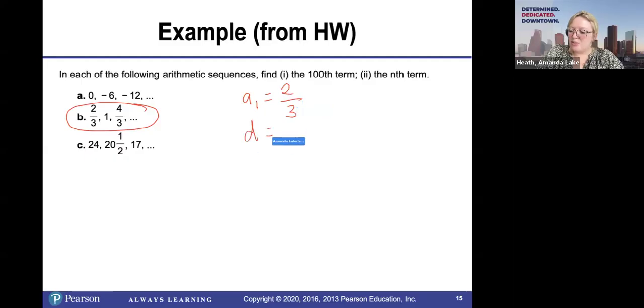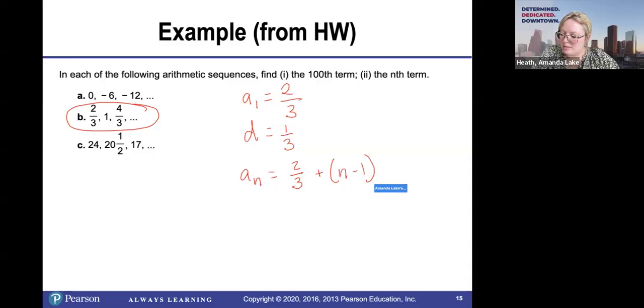And the difference between each of these terms is that we're adding 1/3 every time. So a_n is given by 2/3 plus (n minus 1) times 1/3.